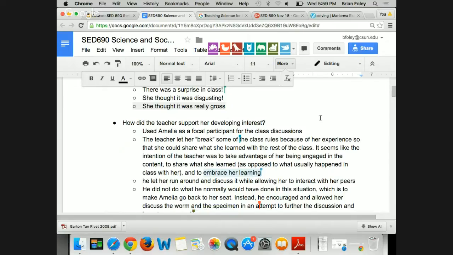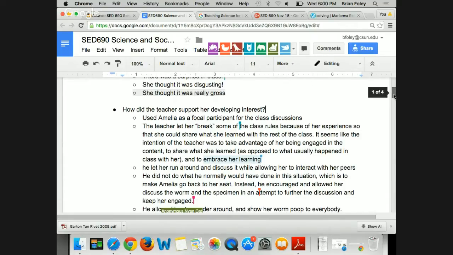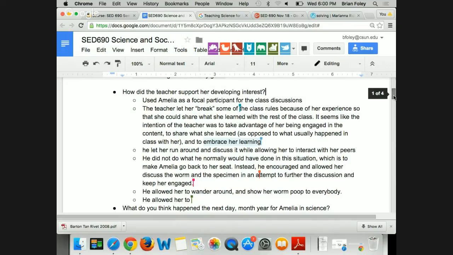Well, there were a lot of comments on this section. What were some of the others? Yeah, I like where it said embrace for learning. It's just spotlighted, just to get that kid, if she's excited about something that's new like that. So it allowed her to be excited in class, even though she's breaking the rules, right?